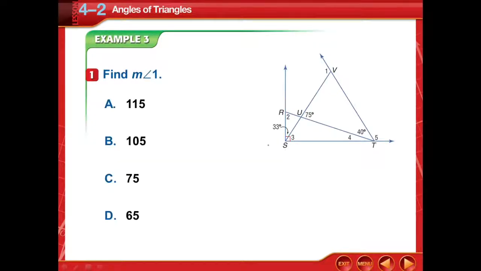Here is another example where you need to find the measure of angle 1. Please keep in mind that even though the picture is very complicated, you can find angle 1 in one step. It is 115 because angle 1 is an exterior angle, and 75 and 40 are the remote interior angles, so you add them together to get 115.